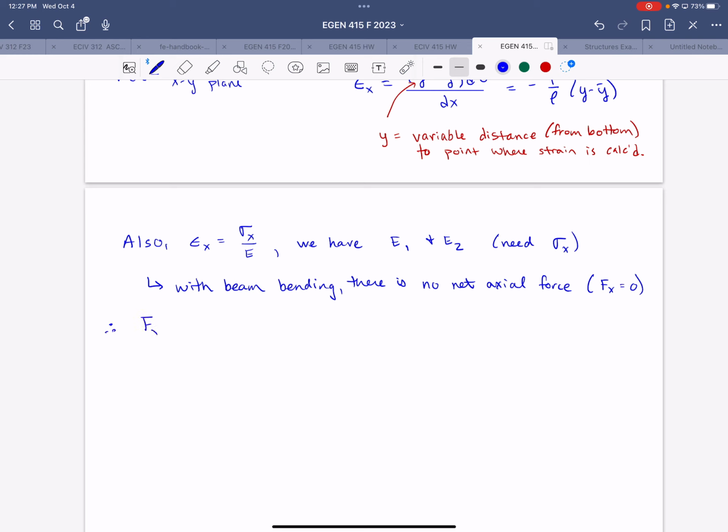So we will say Fx, which we know is equal to 0, is also equal to the integral of the normal stress as it's distributed over the area.